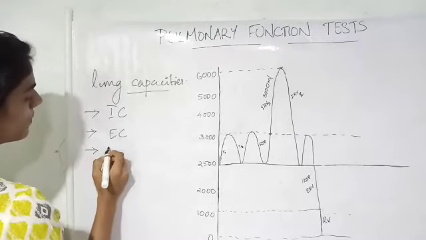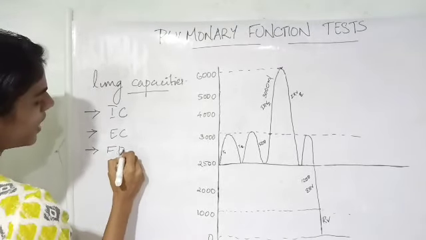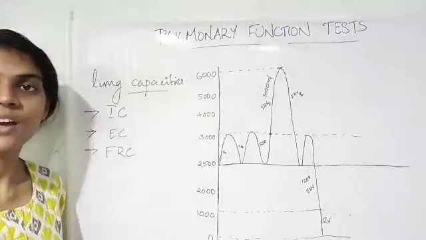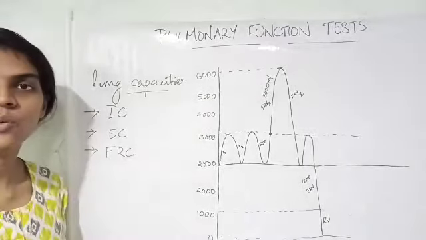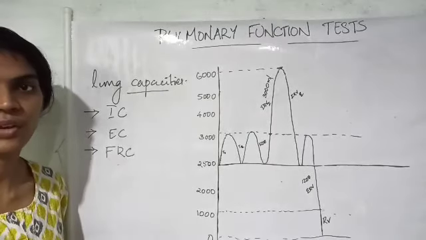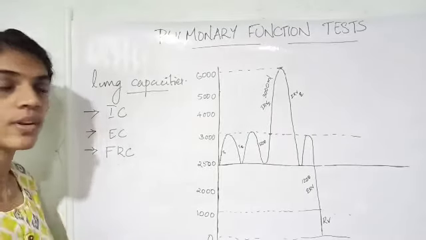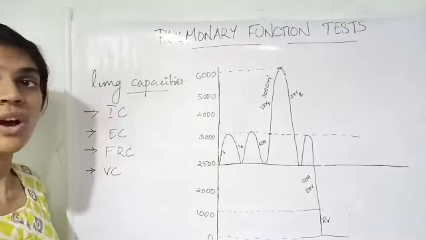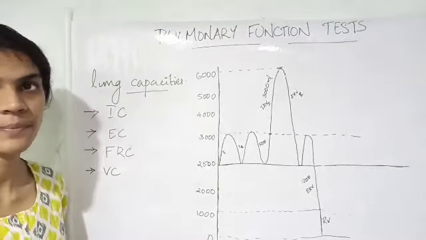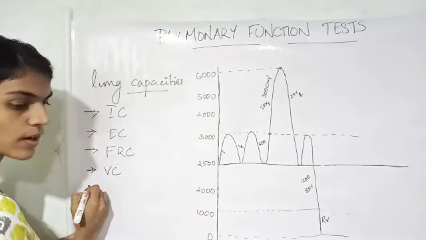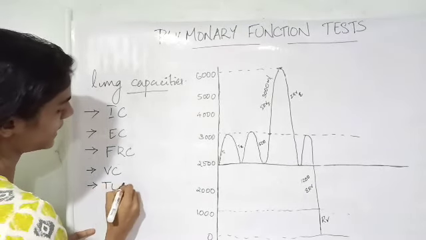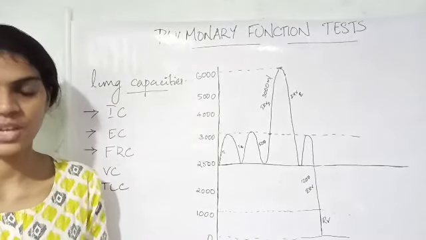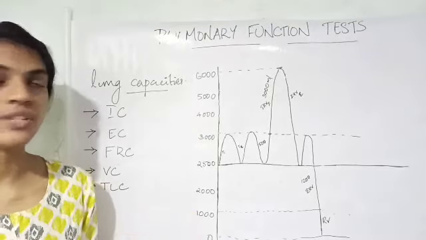Third one is FRC, functional residual capacity. Next one is VC, that is vital capacity. And the last one is TLC, that is total lung capacity. So we'll see each of these.